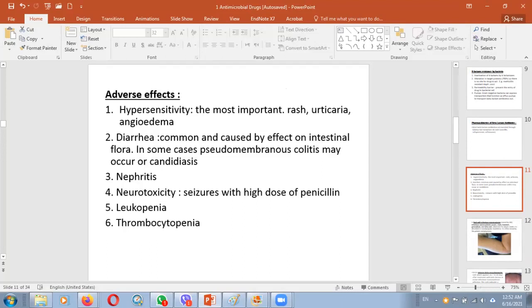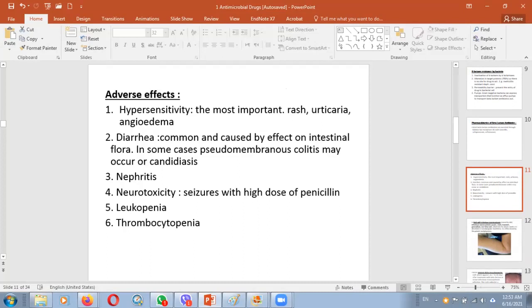What are adverse effects? The main adverse effect is hypersensitivity. The most important, it can cause rash, urticaria, or angioedema. Second, diarrhea, which is common and caused by effect on intestinal flora.